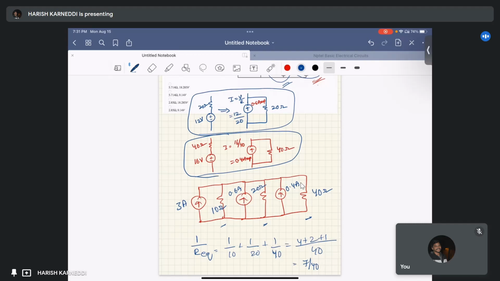or one can directly calculate the equivalent resistance as well. That is 1 by 10. I am directly writing these values, right? The 1 by 10 value is 0.1 plus 1 by 20 value is 0.05 plus 1 by 40 value is 0.025.